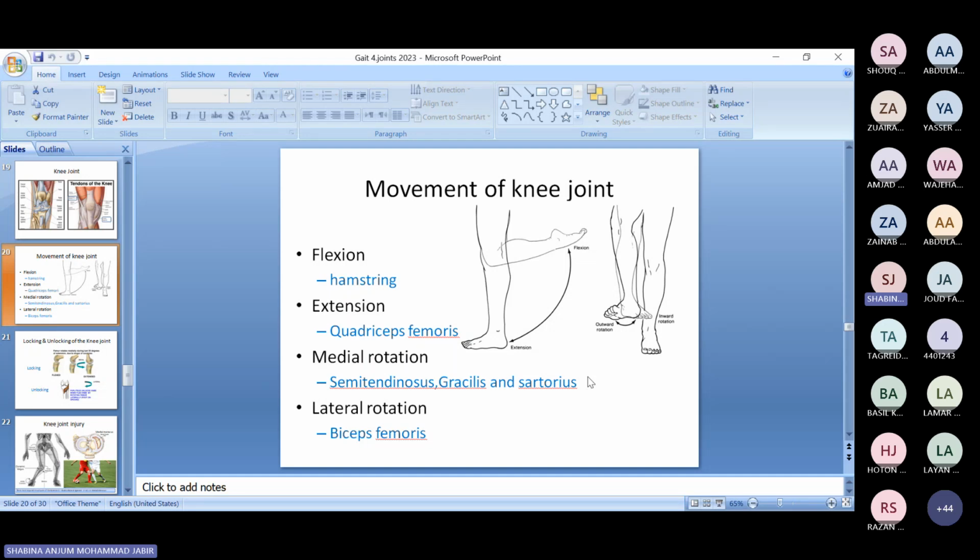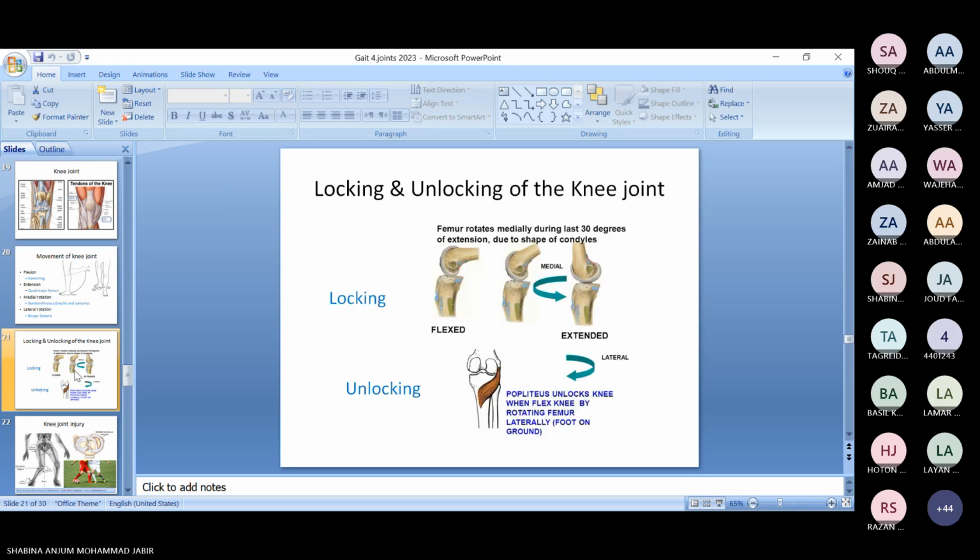The lateral rotation is by biceps, medial rotation by the semitendinosus, brachialis and sartorius. Now again we have locking and unlocking. Just now we saw that the popliteus muscle is responsible for unlocking of the knee joint.